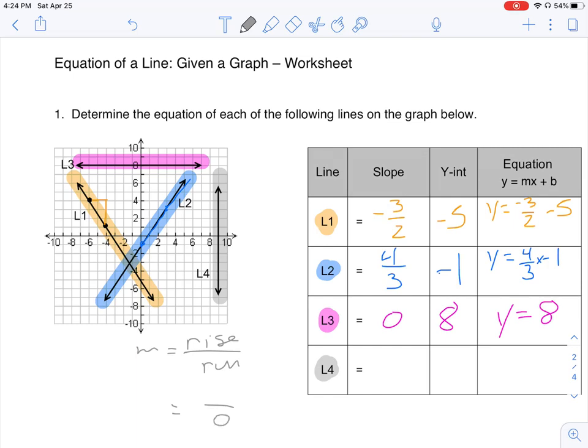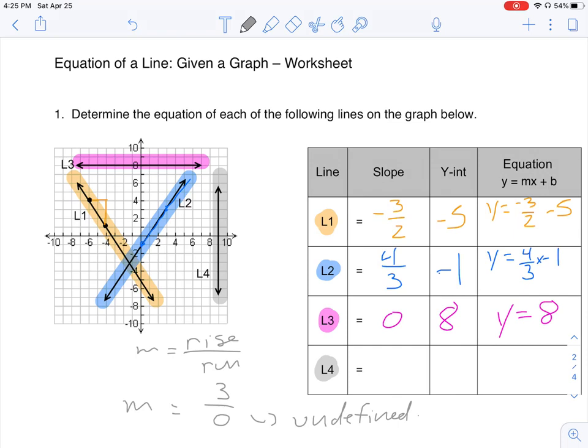Now, let's say it goes up 3 units. Well, we can't actually divide by 0, right? So this is technically undefined. You can't divide a number by 0. That doesn't work out.